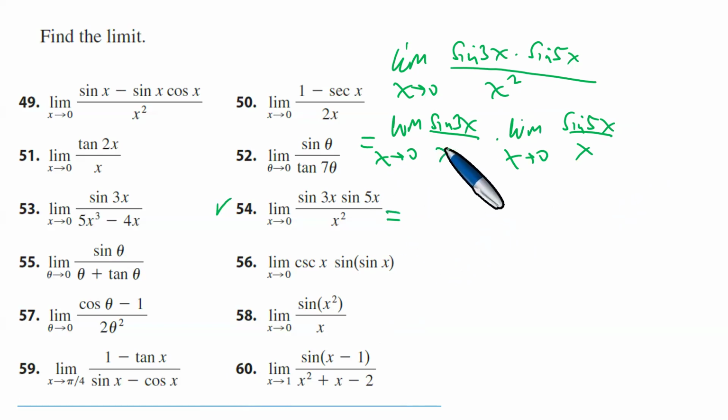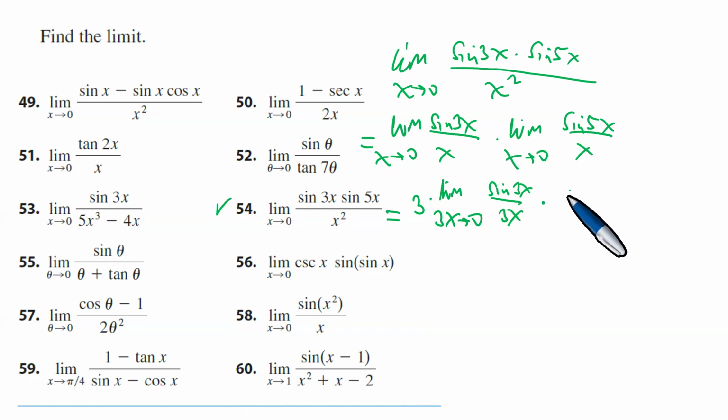Now, at this point, we want the sine argument to match the denominator, so we multiply here by 3. Since 3x approaches 0, we have the limit of sine of 3x over 3x, and this 3 cancels.